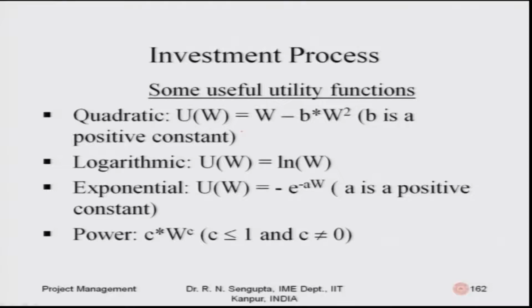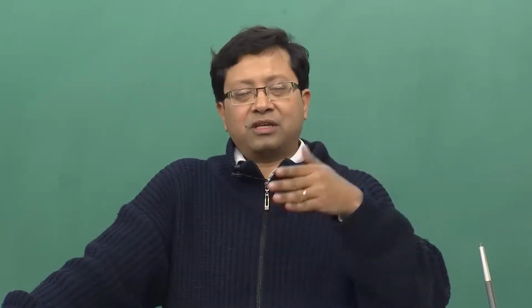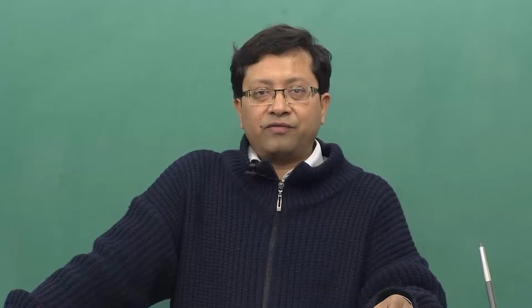Now, let us consider 4 different utility functions which are used very heavily in any decision making process, whether for a portfolio, a project, an optimization problem, or for buying a car, buying a fridge, whatever it is. So, this is on a theoretical notion. Obviously, there are other non-parametric methods which are used for such qualitative decisions.